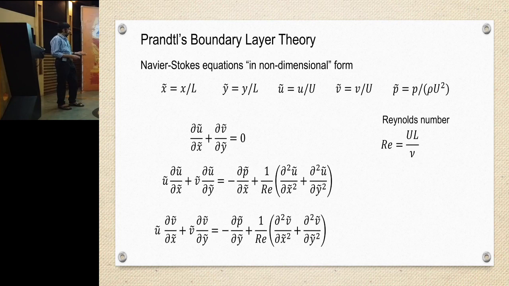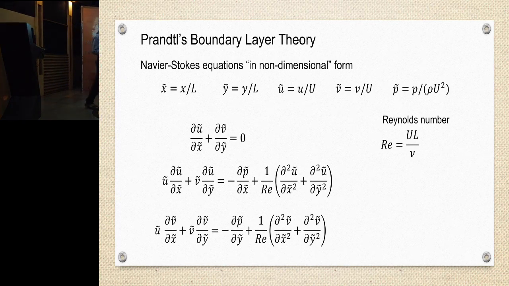So it is 1 over Reynolds number. In fact, when you non-dimensionalize an equation, the relevant non-dimensional parameters appear naturally in the equation, like the Reynolds number appeared here.